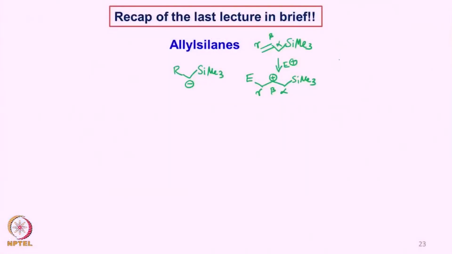And then we did see a few reactions, and we also looked at that the reactions of such allylsilanes take place with stabilized carbocations, which include allyl cation, benzyl cation, or tertiary cations.